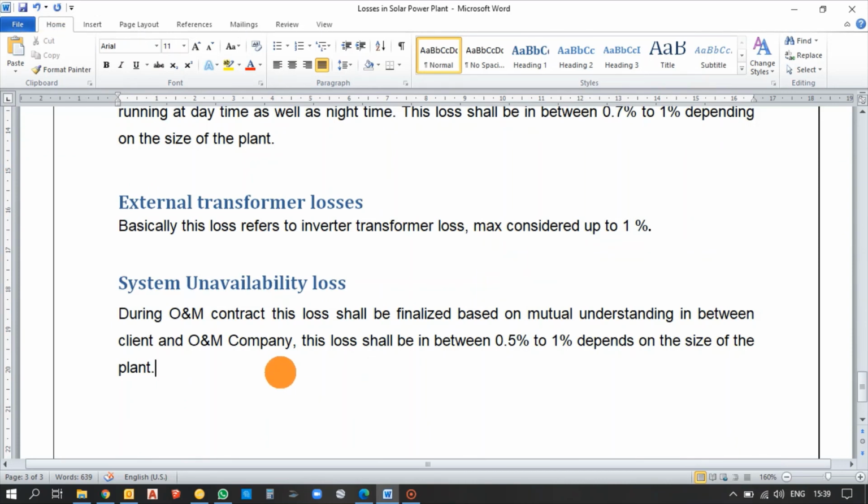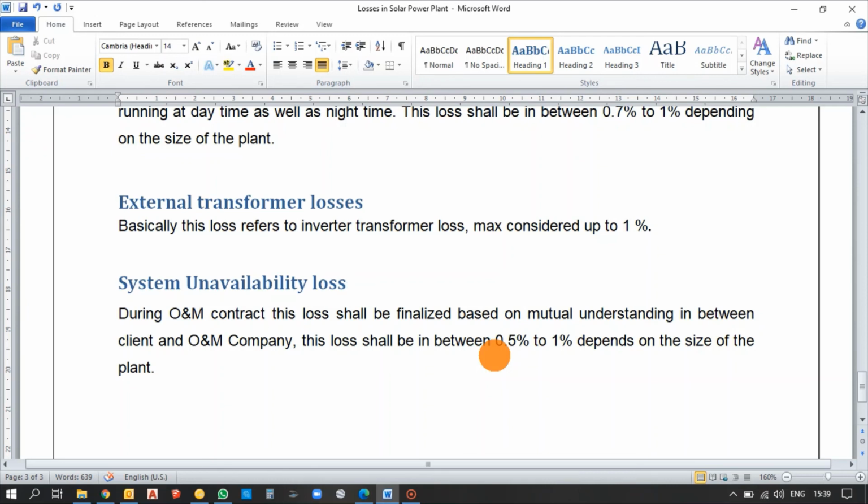And system unavailability losses will be determined by the client and the O&M company. During O&M, they will face these unavailability scenarios. It will be taken as 0.5% to 1% by default, depending upon the mutual agreement between the client and the O&M company.